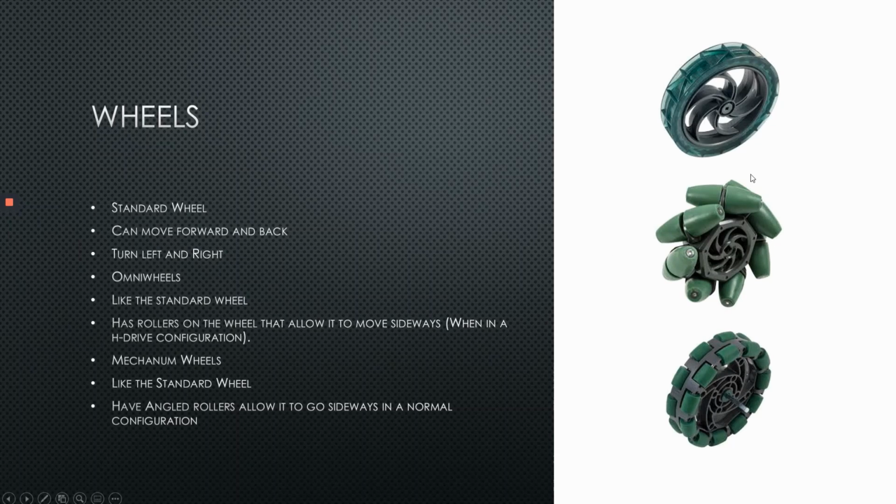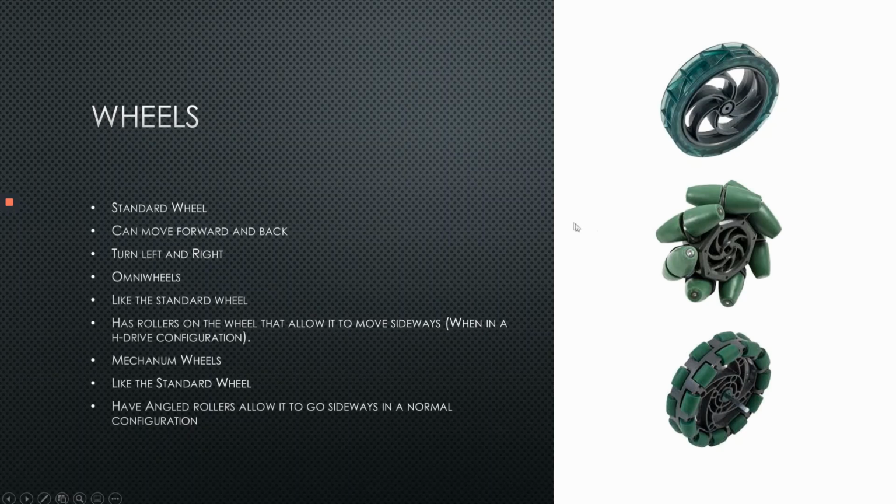The next wheel is mecanum wheels. If you look at it, you can see there's that same type of rubber material, but it's at an angle. They're angled rollers, not like the omni wheel, which has straight rollers. But the unique thing about this is it can move forward, backwards, turn left, and turn right, like all the other wheels do, but it can move sideways in its normal configuration. You don't have to have a wheel in the middle or any other special stuff.